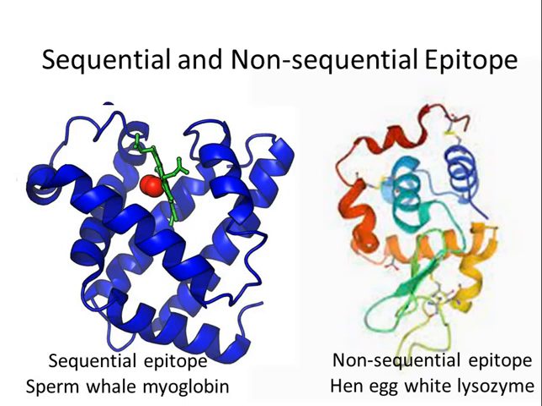Most of these epitopes are conformational determinants dependent on the overall structure of the protein. If the intrachain disulfide bonds of hen-egg-white lysozyme are reduced with mercaptoethanol, the non-sequential epitopes are lost. For this reason, antibody to native hen-egg-white lysozyme does not bind to reduced hen-egg-white lysozyme.